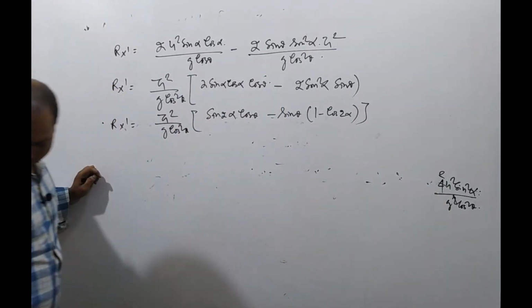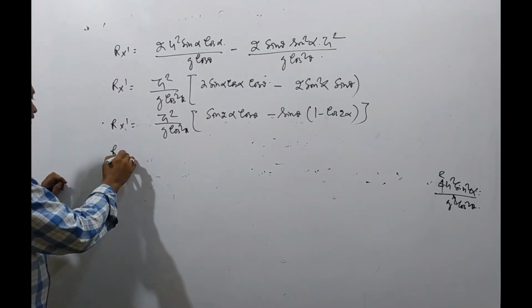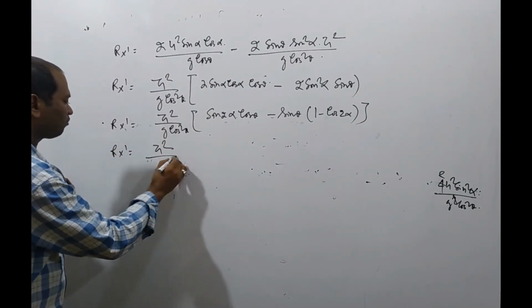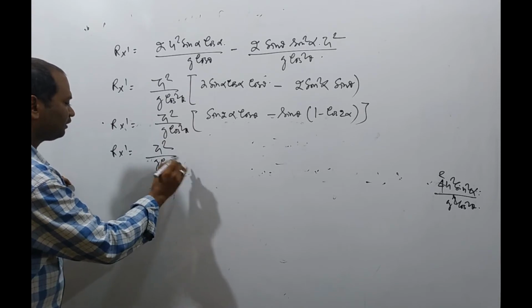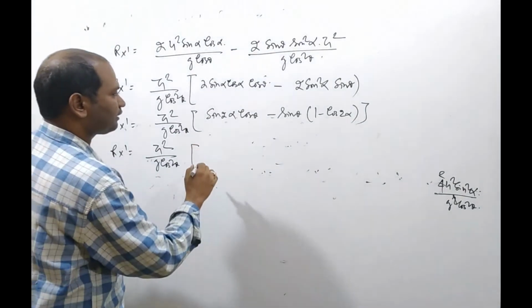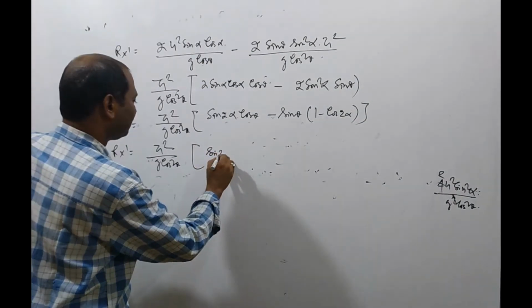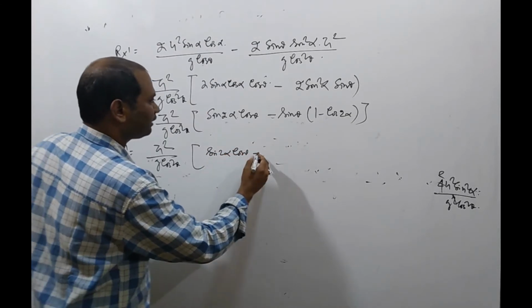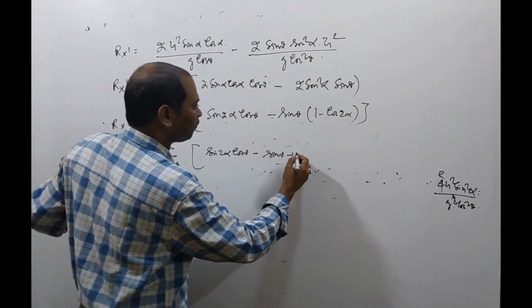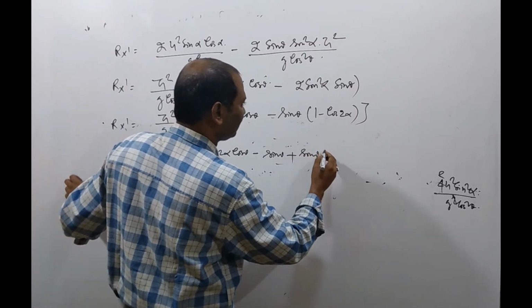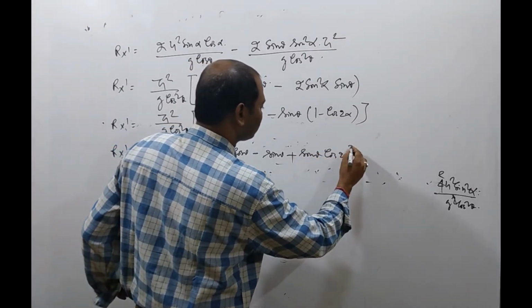Okay, then Rx dash is equal to u square by g cos square theta, this is sin 2 alpha cos theta minus sin theta plus sin theta into cos 2 alpha.